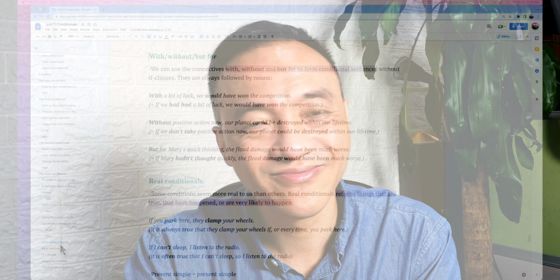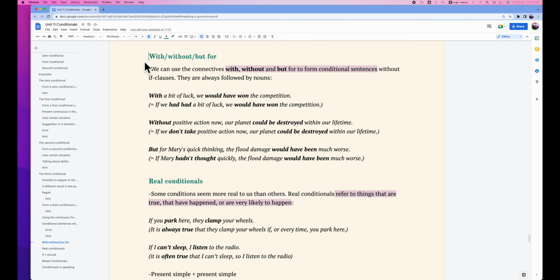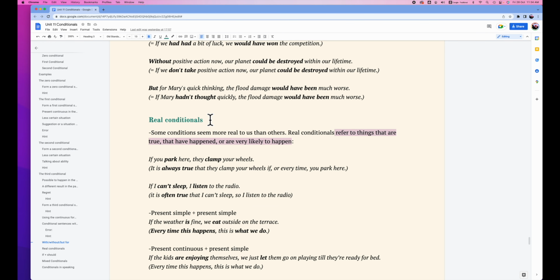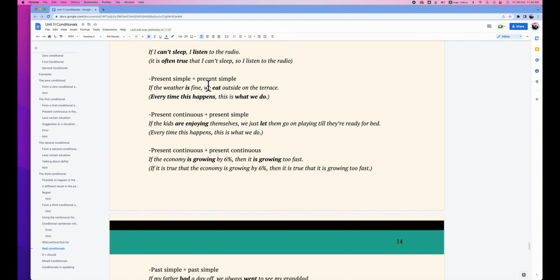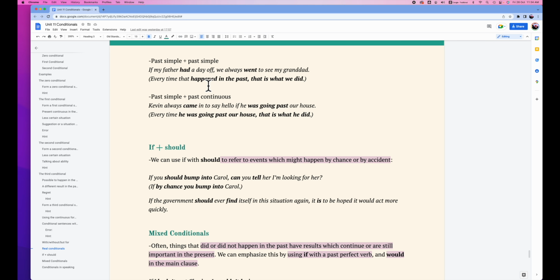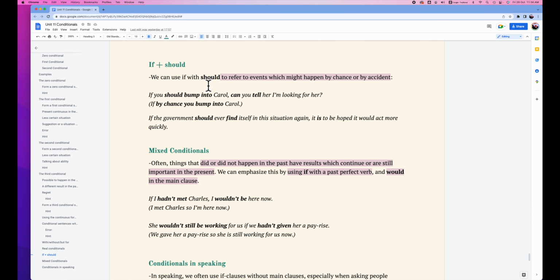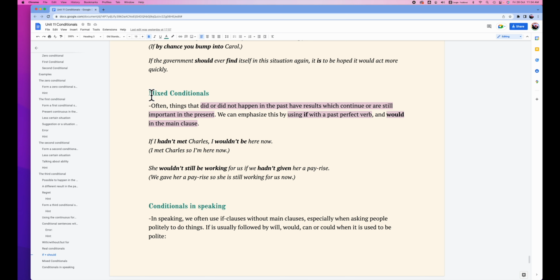Let's take a look. The first one: using with, without, but for to replace part A. Real conditionals or some combinations for zero conditionals. For a situation that might happen by chance or by accident, as well as the mixed conditionals.